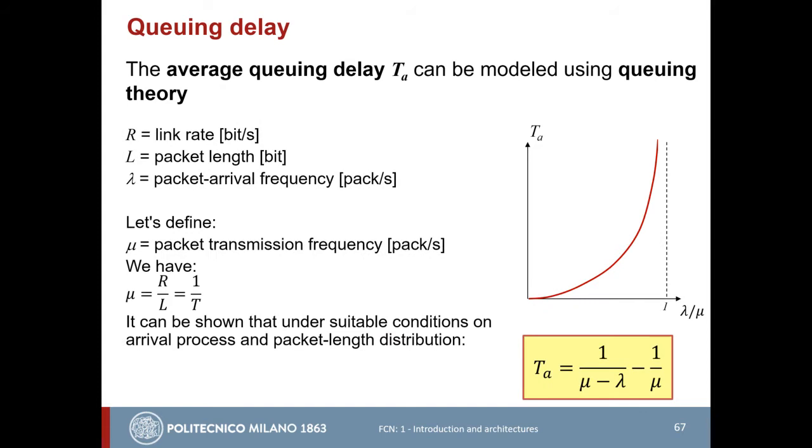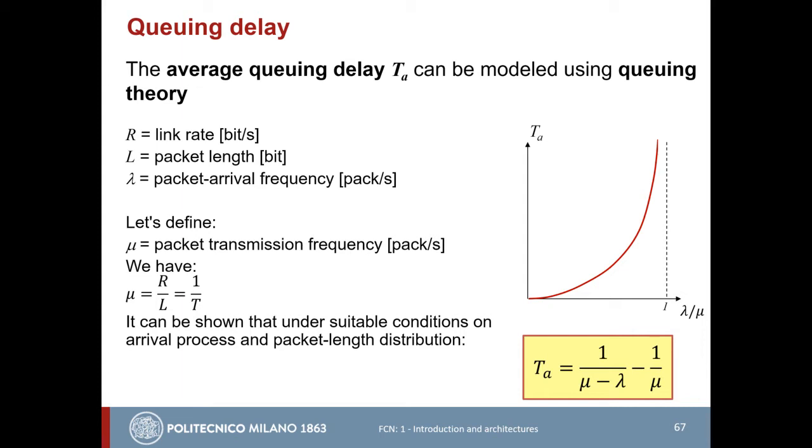Now we can also introduce another parameter, which is again a random variable. It is the ratio between the rate of transmission and the average length of the packets. This gives you the inverse of the average transmission time of the packet.